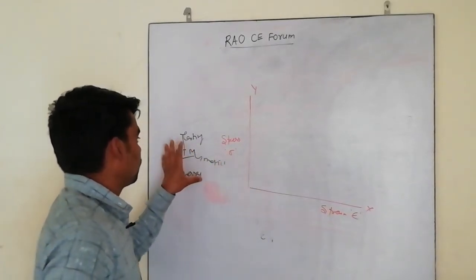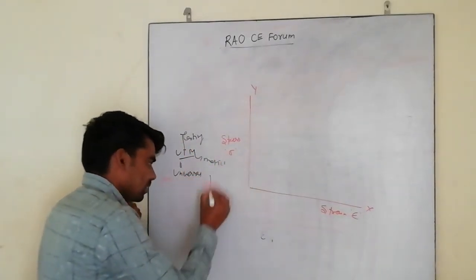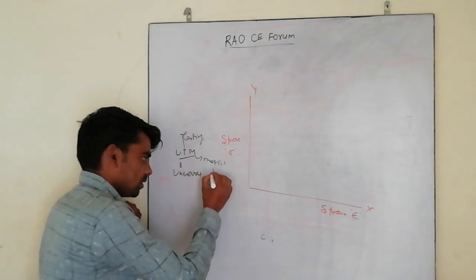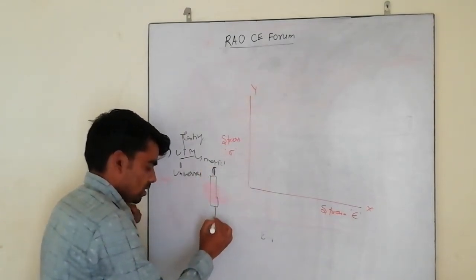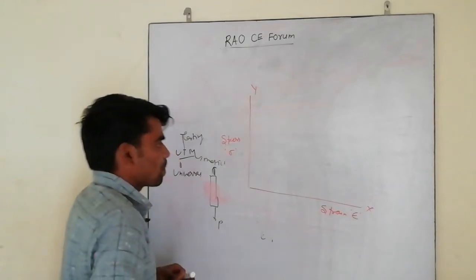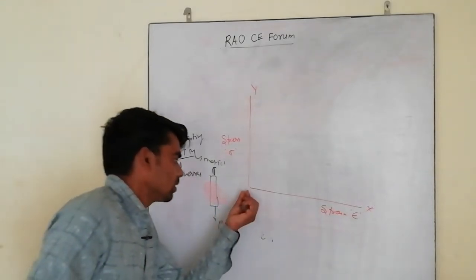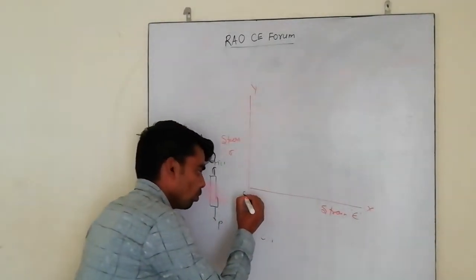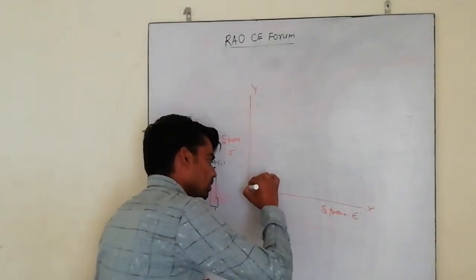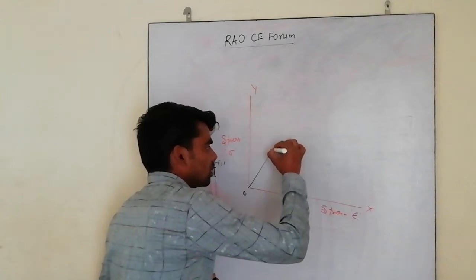So when you apply the tensile load on a material, then the curve begins at the origin. It starts from origin O and moves linear and proportional.